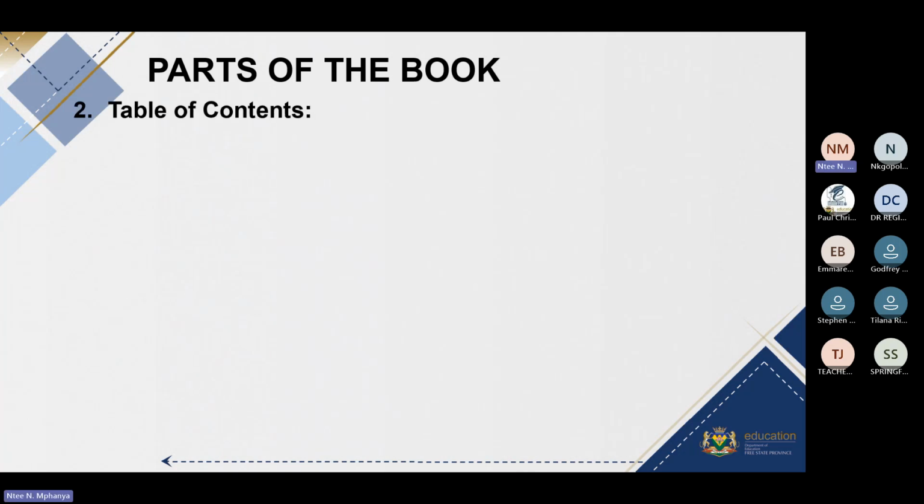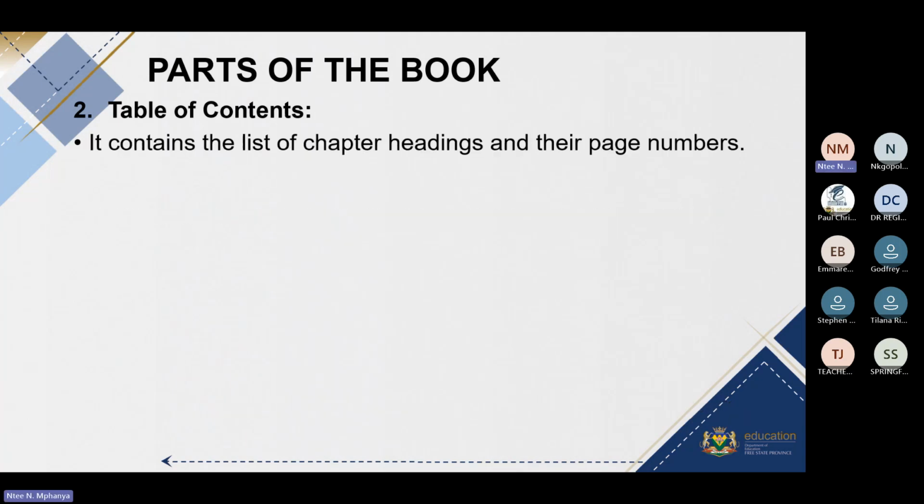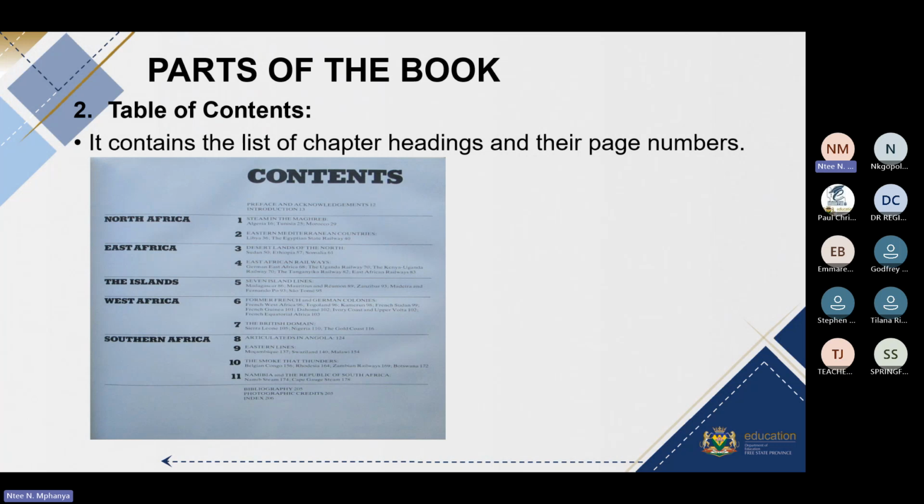The second part is the table of contents. The table of contents should contain the list of chapter headings and their page numbers. This is an example of a table of contents. Before you read further into the book, you need to know where you will find the chapter headings.